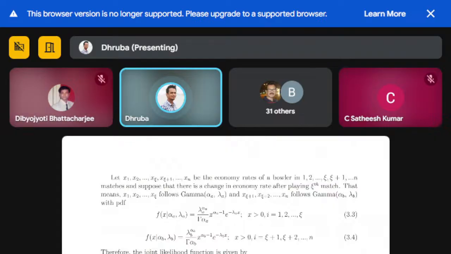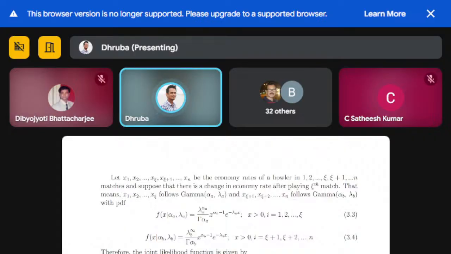So next, suppose x1, x2, up to xi, xi plus 1, up to xn are the economy rates of a bowler in 1, 2, up to i, i plus 1, up to n matches. That means he has played n matches, and x1, x2 up to xn are the economy rates in different matches. And suppose that there is a change in economy rate after playing the xi match.